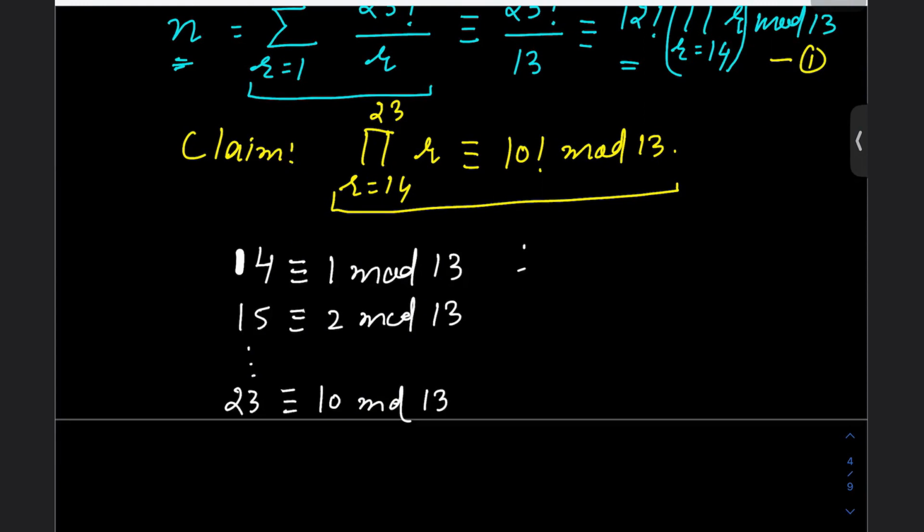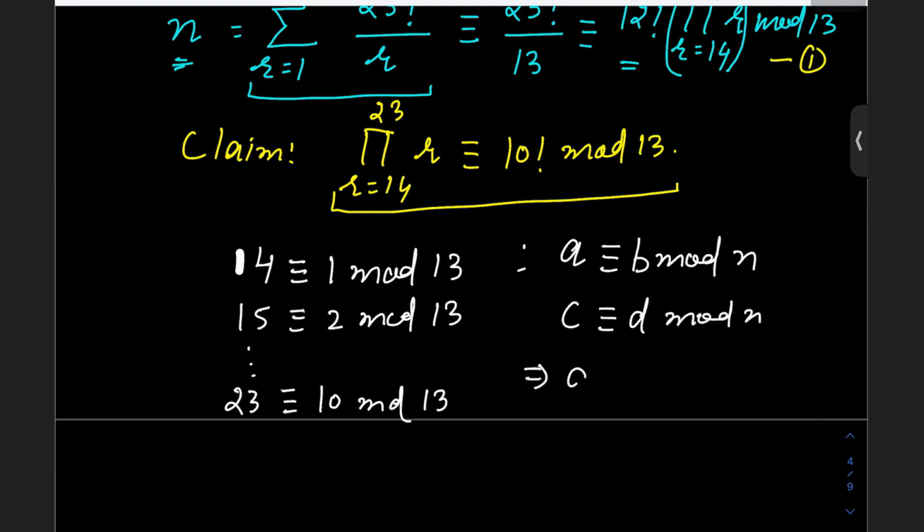And we know one property. What is that? If A is congruent to B modulo n and C is congruent to D modulo n, this implies that AC is congruent to BD modulo n.